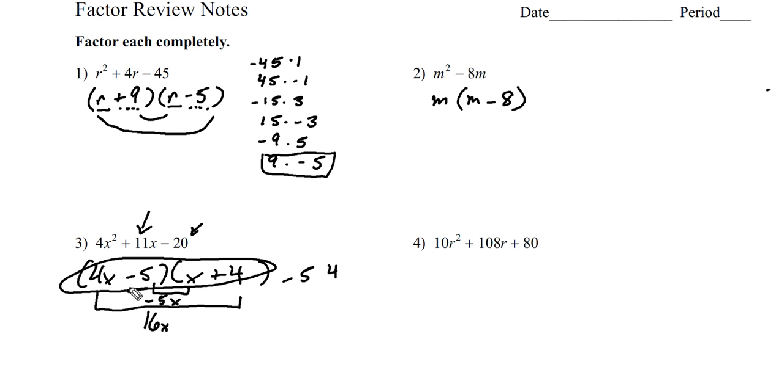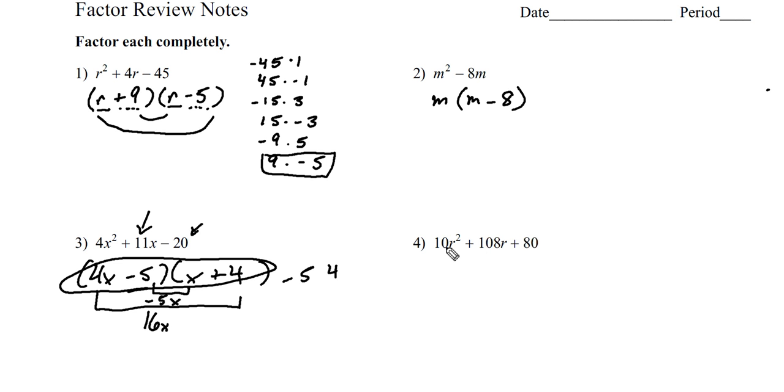Of course, we could use other methods other than just trial and error or guess and check, but that's the method, like I said, that I'm going to go with. All right, let's take a look at 4. Now in this, we can clearly see that there's a greatest common factor here. 10, 80, 108, they're all even.